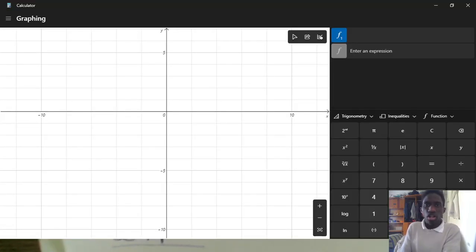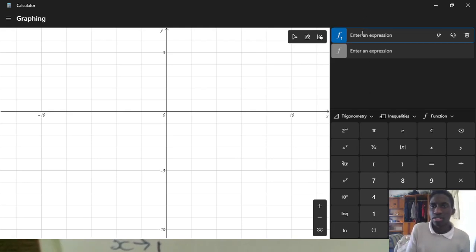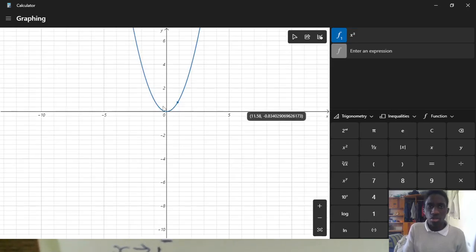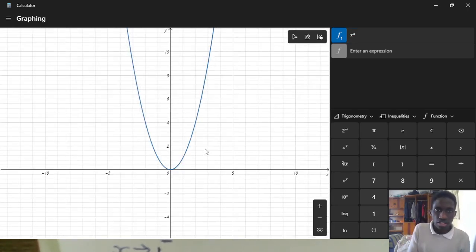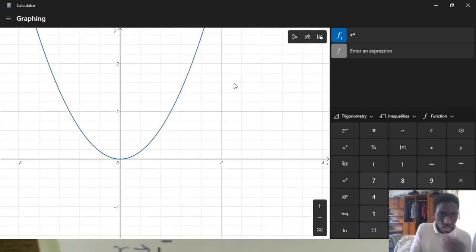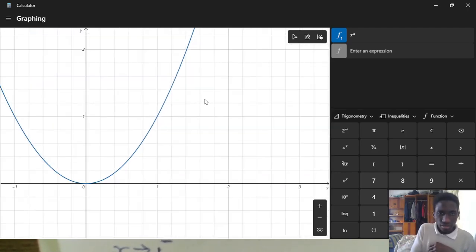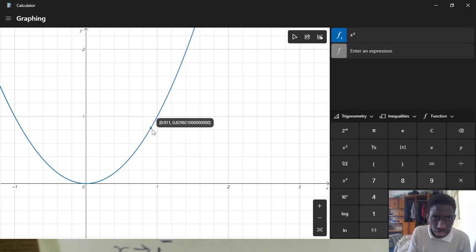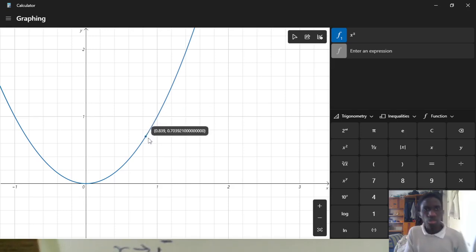So we have our graph space, and I'm going to enter in the function. And okay, so there's our function x squared. If we zoom in, we see that as we approach 1, this is 1, as I'm approaching 1 from the left.